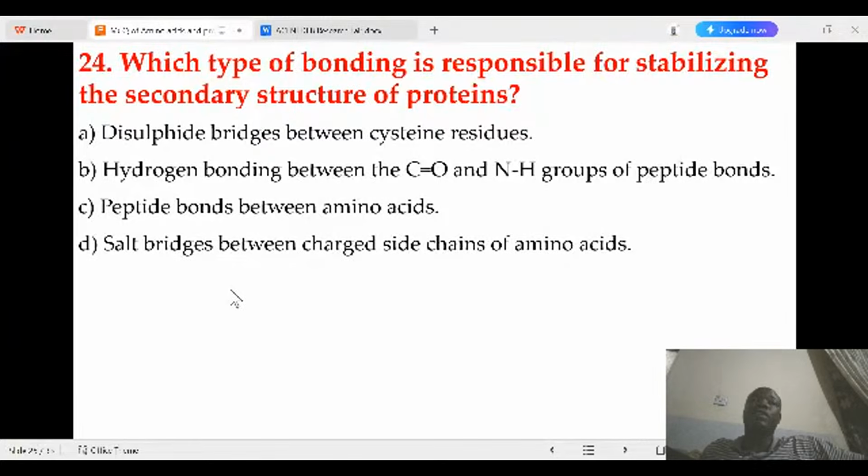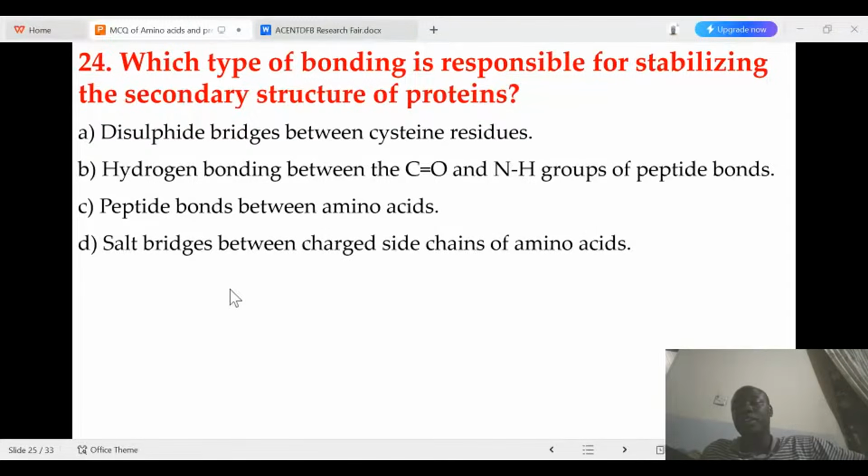Apart from the peptide bond, which is a covalent force, there are non-covalent forces that stabilize the secondary structure, tertiary structure, and quaternary structure of a protein. So it's the hydrogen bonding of the carbonyl carbon and the amino groups of a peptide bond or amide bond.